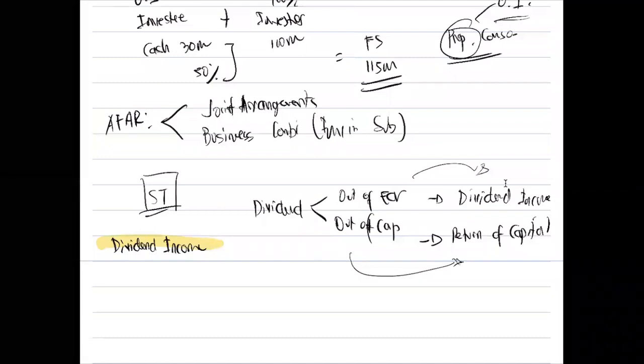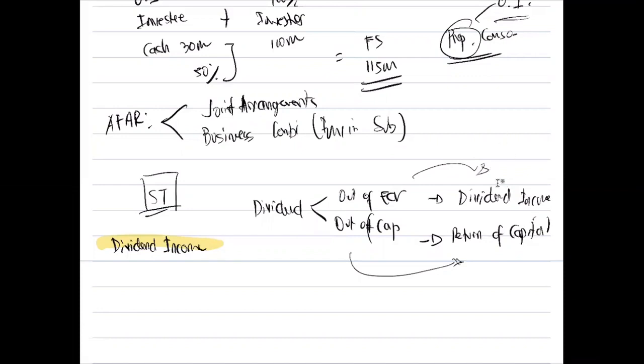So in this particular topic, we need to determine what items of dividend should be considered as dividend income and what items of dividend should be considered as return of capital.